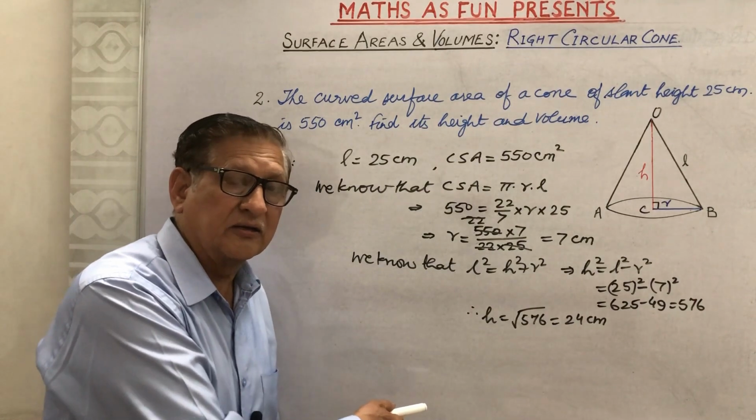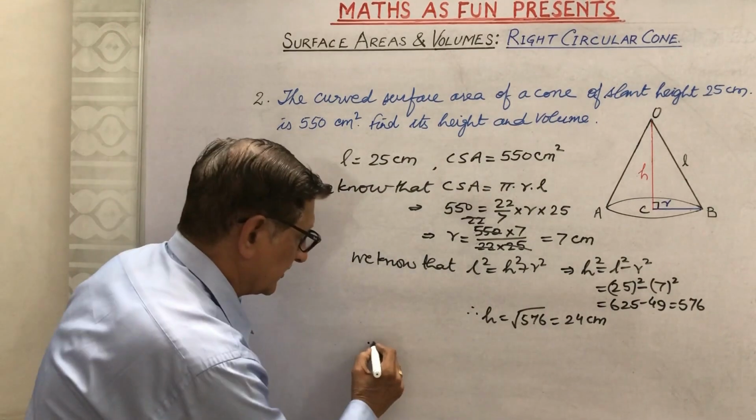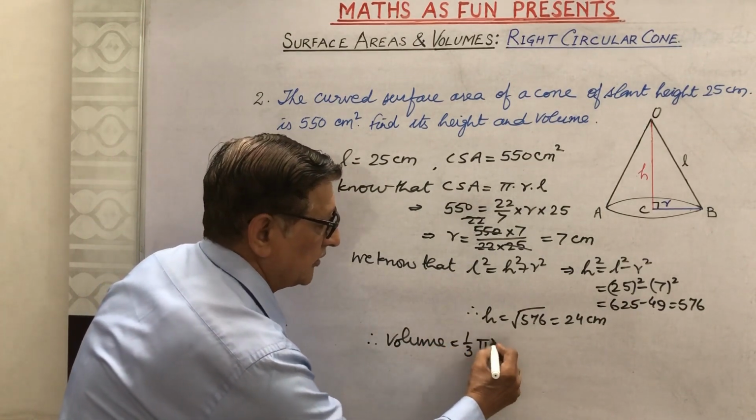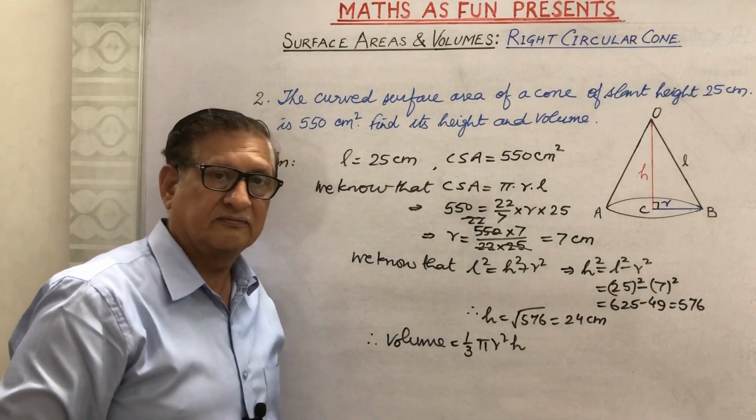After getting the height, we can find the volume. Therefore, the volume, we know the formula 1 by 3 pi r square h.